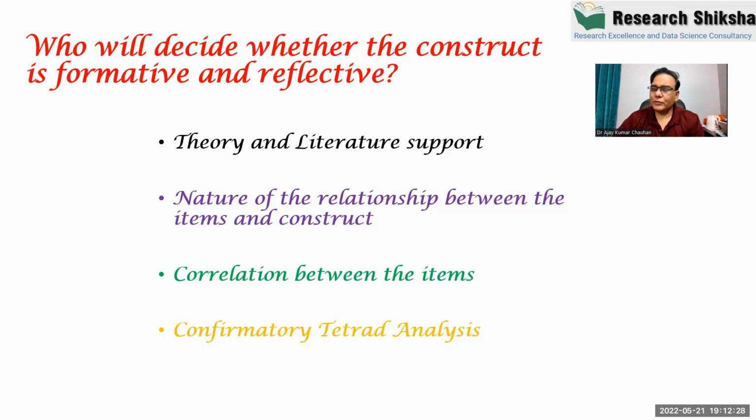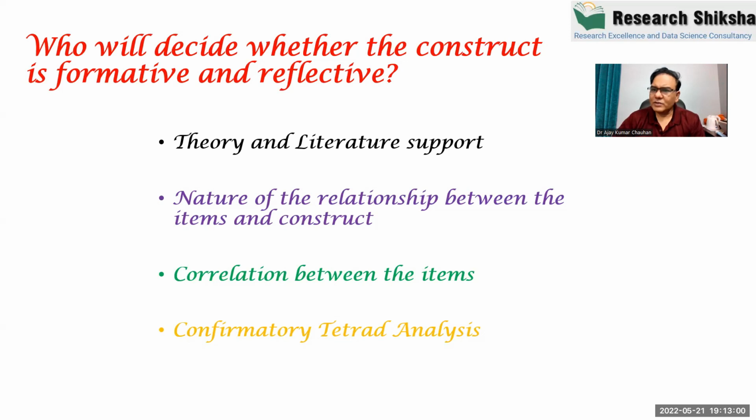So first of all, we have to check the theory, whether in the theory they are reflective or formative. We can find out from the literature. You must have some literature support whenever you are using the construct in the paper. So number one, and the most important, is what the theory says about the construct. Like financial literacy, everybody says that it is formative, so we can take it as formative.